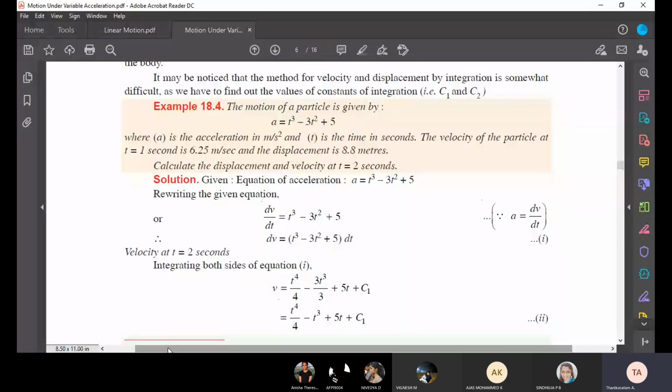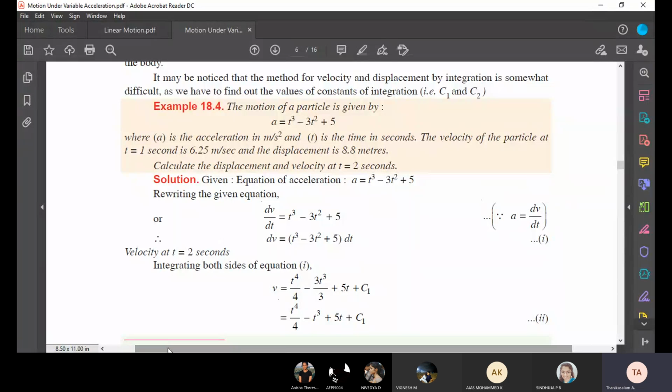Now in this question, see, the acceleration is given. Students, they gave the acceleration equation: a equal to t cubed minus 3t squared plus 5. What is a? Acceleration in meters per second squared. What is t? Time in seconds.